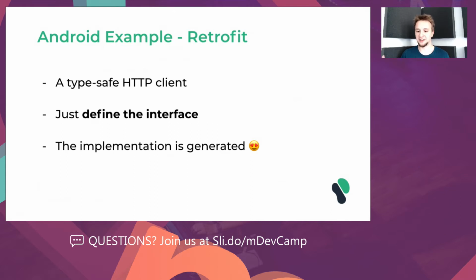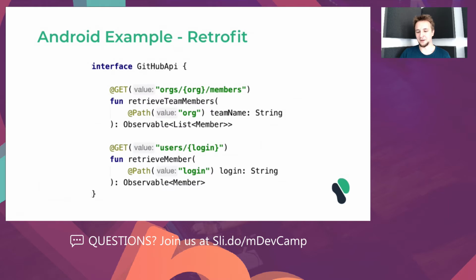And the rest is generated. You basically need something like this, which I think is pretty awesome. And if you have ever developed the networking layer with more low-level solutions like HTTP URL connection on Android or URL session in iOS, you can immediately see how much time this can save.